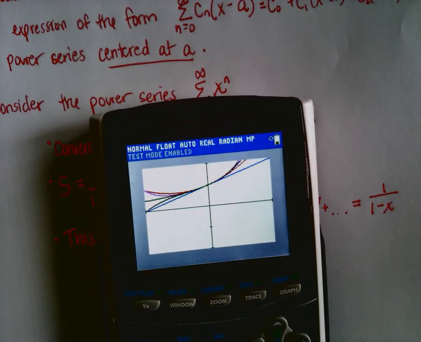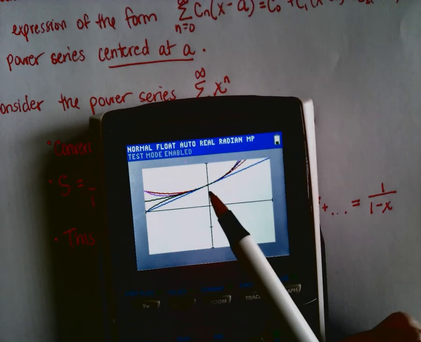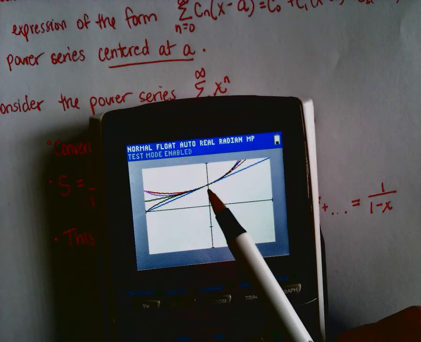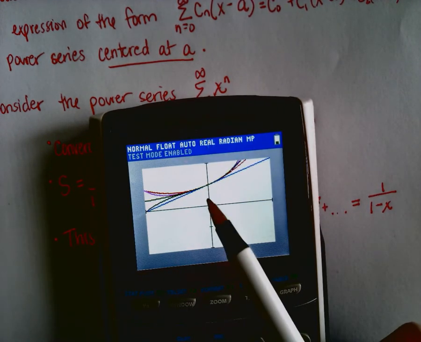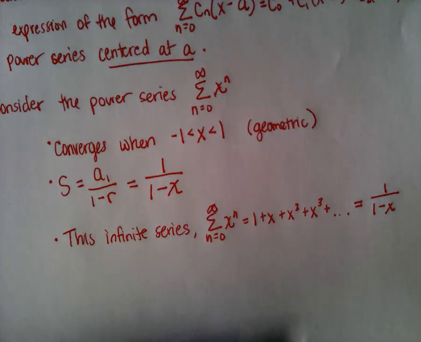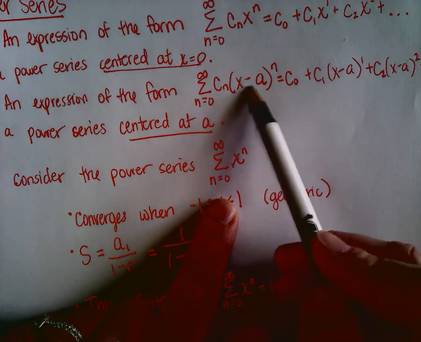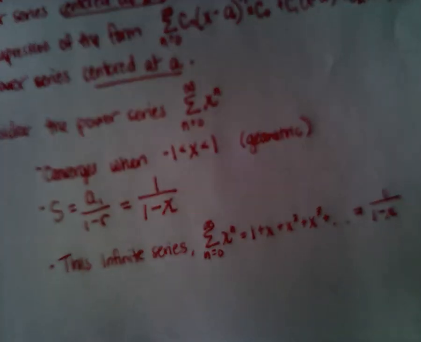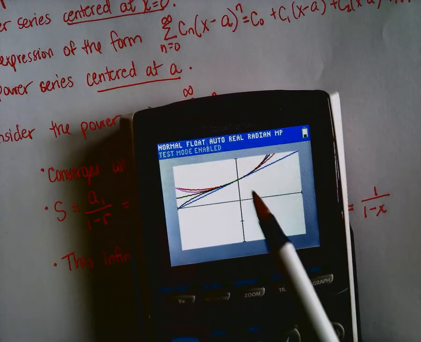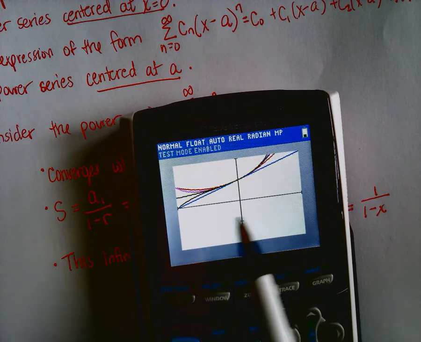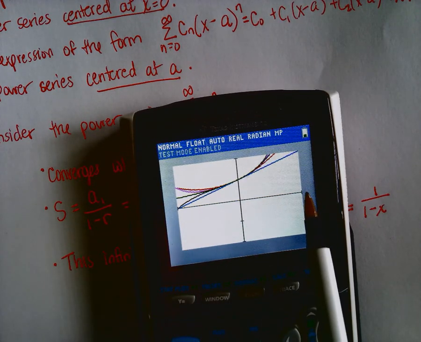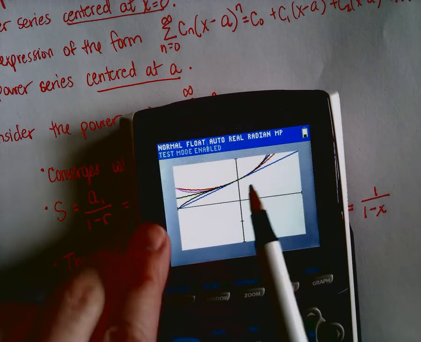Okay, so notice right here close to 0, they're all the same. They all equal 1 because this will be a polynomial or power series centered at 0, because it doesn't have that x minus a. So right around 0, they're all the same. And between -1 and 1, they're all close.